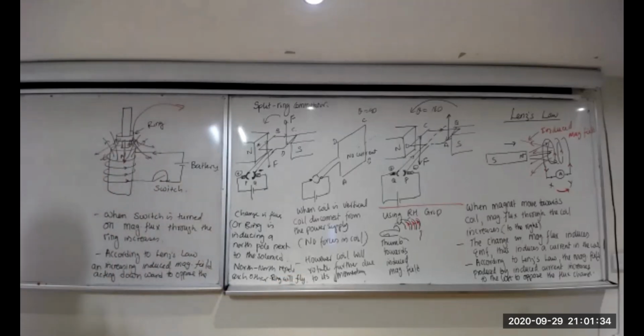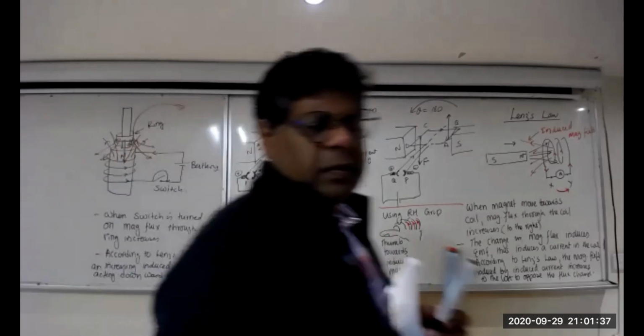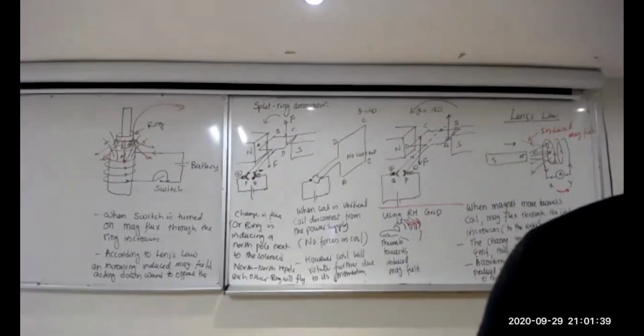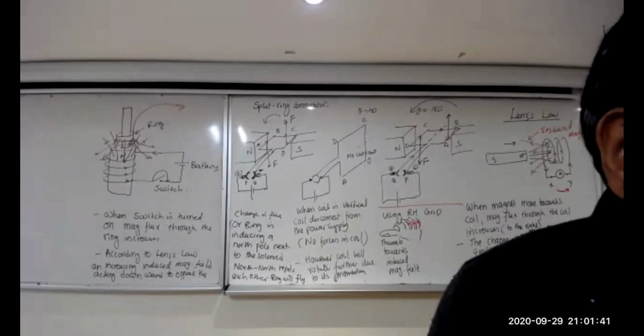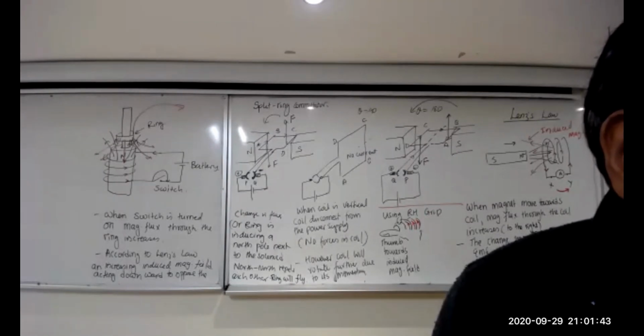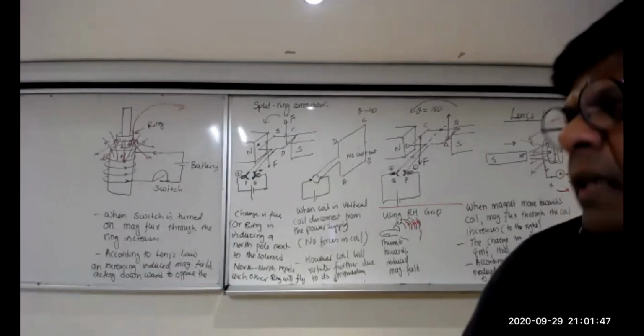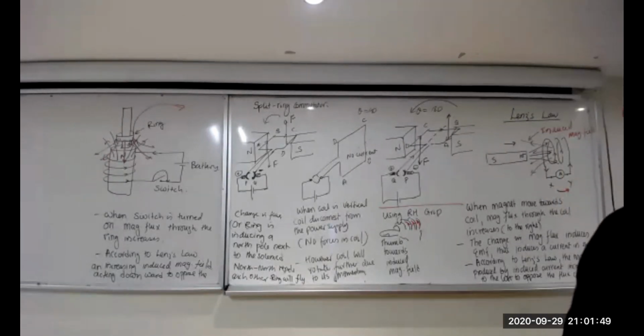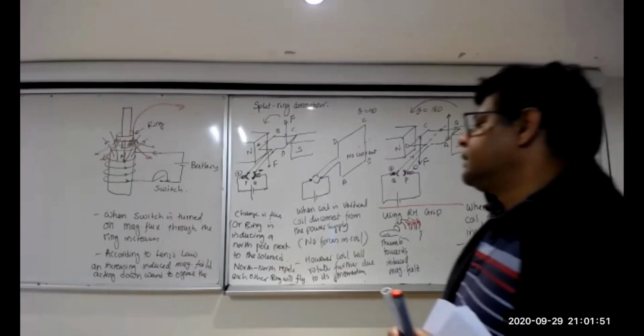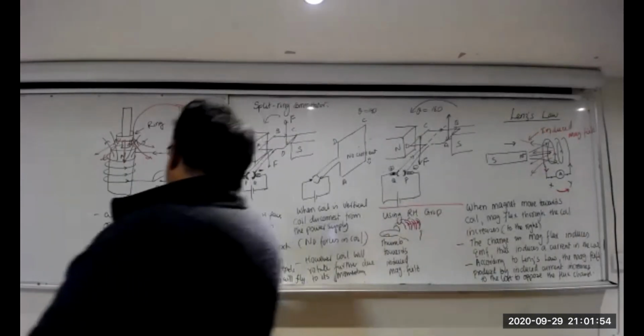It will fly away. Have you guys done this experiment at school? Some people must have done it. Yeah, this sudden change. So it's a sudden switch turn on, and the magnetic flux of the coil increases momentarily, okay?